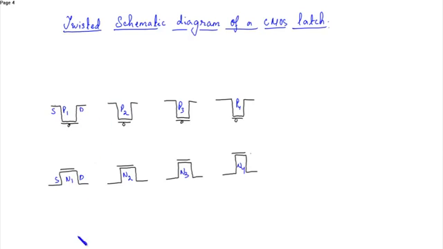So in a transmission gate we know the sources of PMOS and NMOS are connected and the drains of PMOS and NMOS are connected and the gates are interlinked. That is, the gate of PMOS 1 is connected to the gate of NMOS 2. That is, PMOS of transmission gate 1 is connected to the NMOS of transmission gate 2. So this is transmission gate 1. So first you will connect these sources, then the drains.